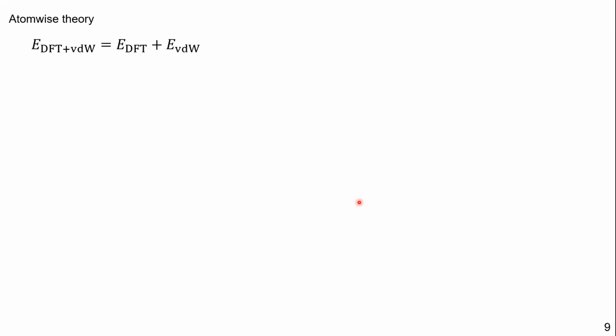So the simplest but most efficient theory I'd like to tell you about today is atomistic theory, which gives reasonable computational cost and reasonable accuracy to predict the van der Waals interaction in material simulations. It also includes a kind of non-additive van der Waals interaction as well, which I will tell you about soon. Atomistic theory basically adds the van der Waals correction energy to DFT.